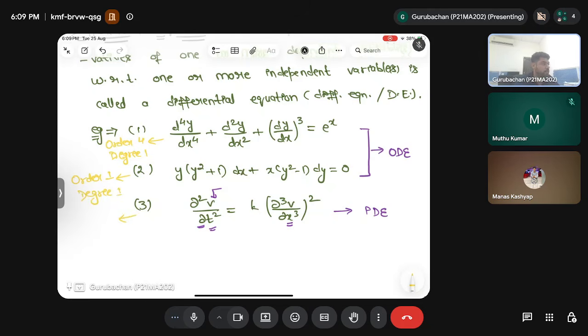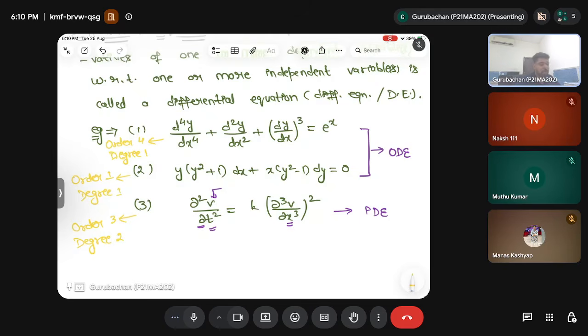And the third one, can we comment on order or degree? We have to go with the higher one. The definition remains the same. Order 3 and degree 2. My bad. 3 and 2.